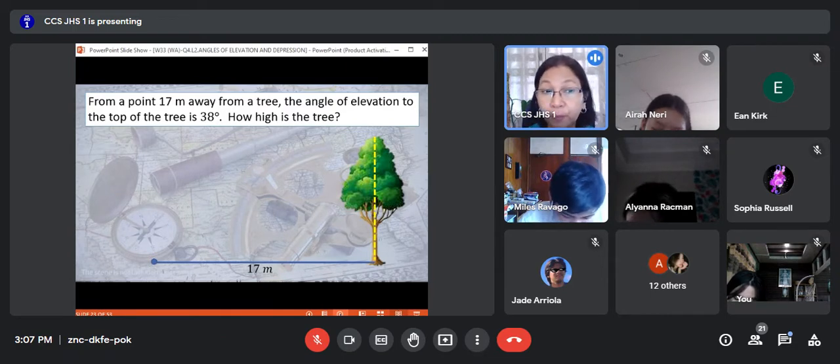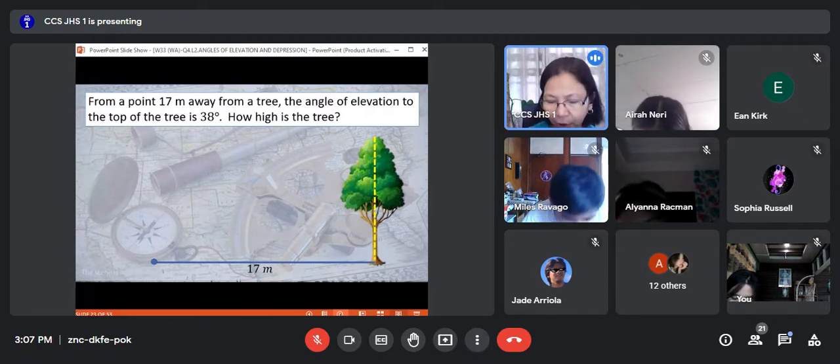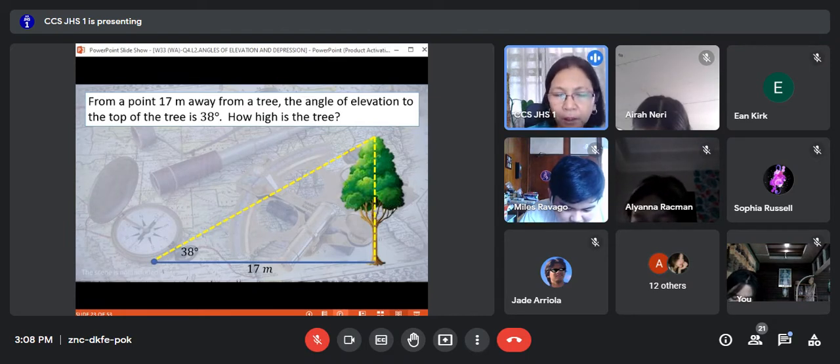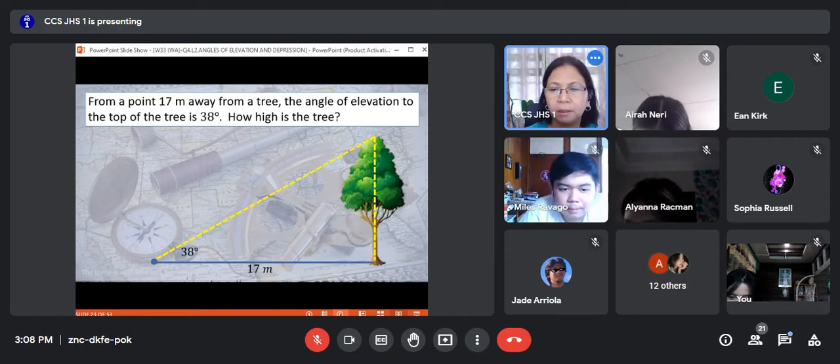From that point, the angle of elevation, this angle to the top of the tree, is 38 degrees. That would mean that from here, you are going to look at the top of the tree. So this is your line of sight.